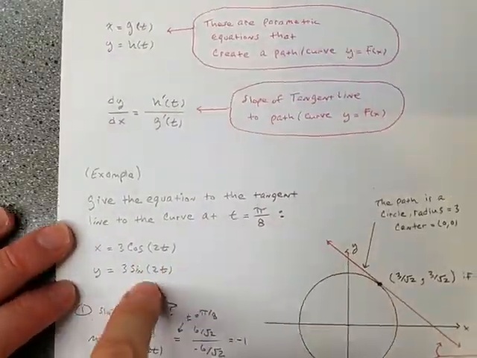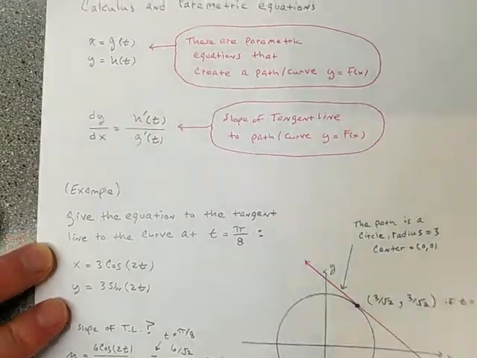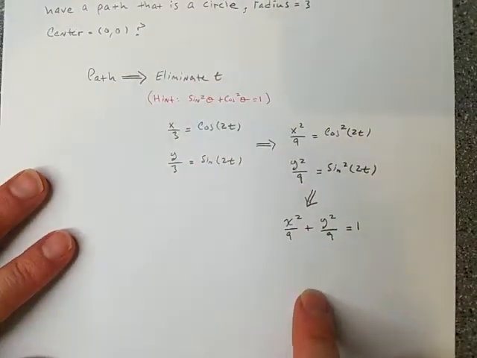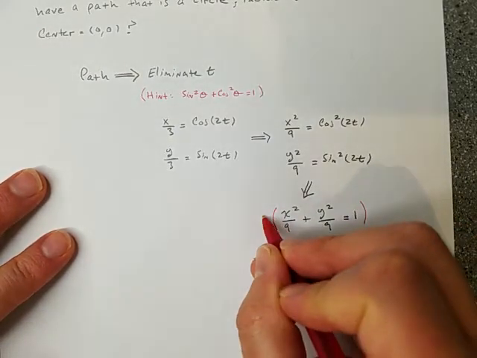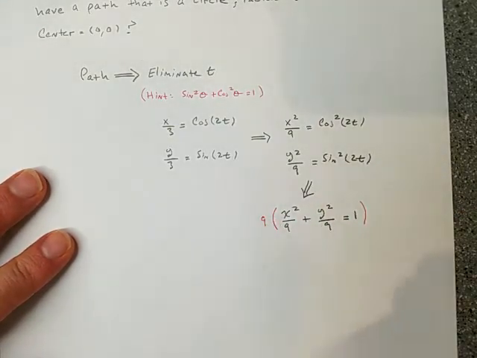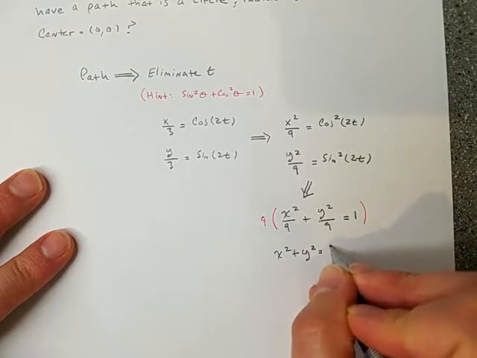I did say that, as a matter of fact, that right there, the path is a circle, radius 3, center at the origin. And you might recognize that from here. If you don't, then we'll get one more thing. We'll multiply both sides of that by 9. And it will say x squared plus y squared is equal to 9.